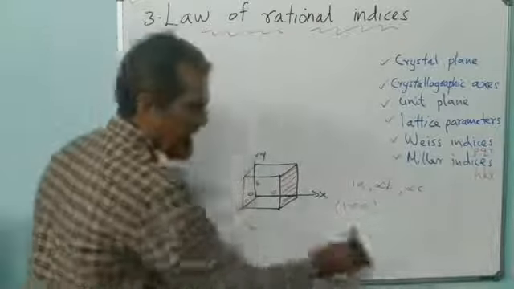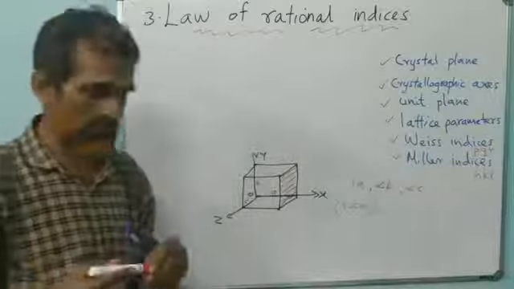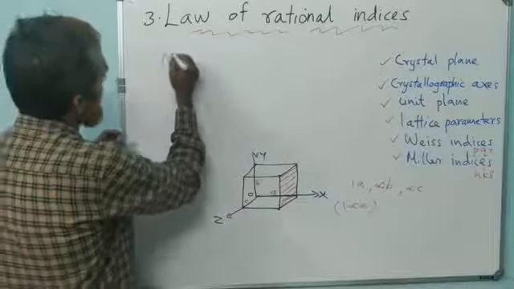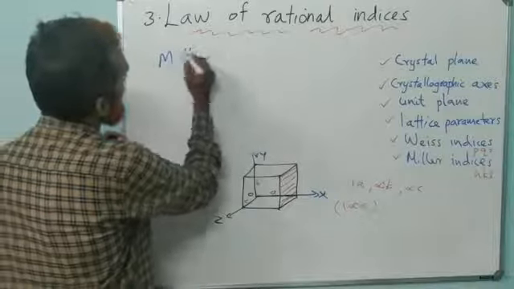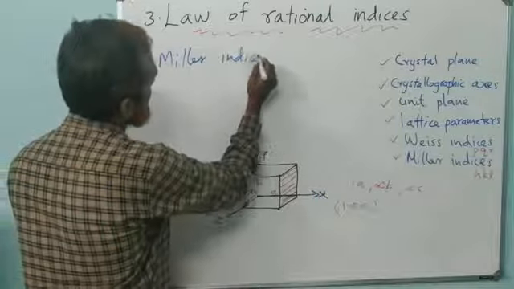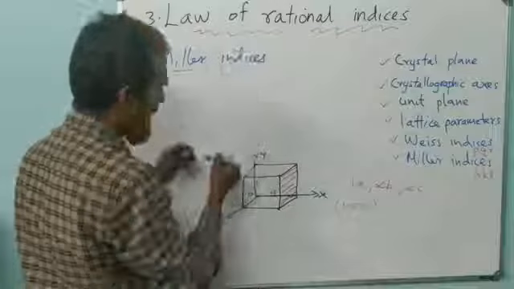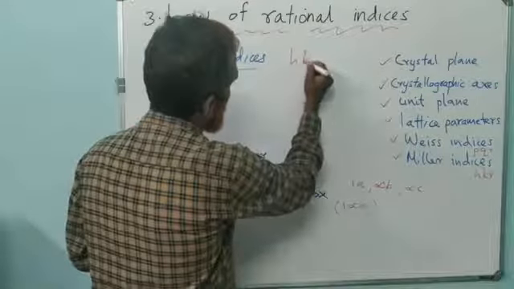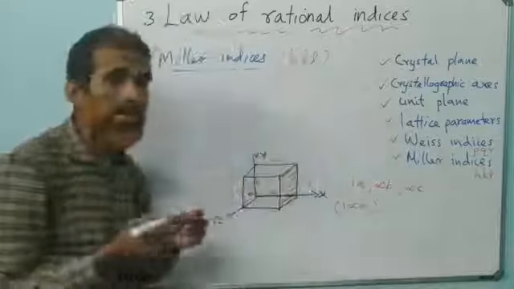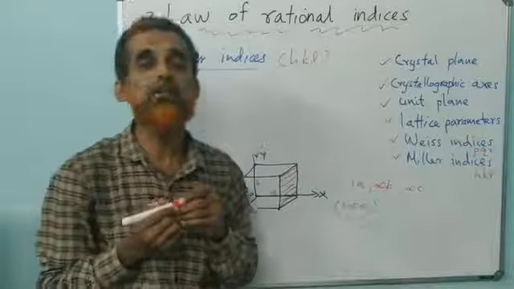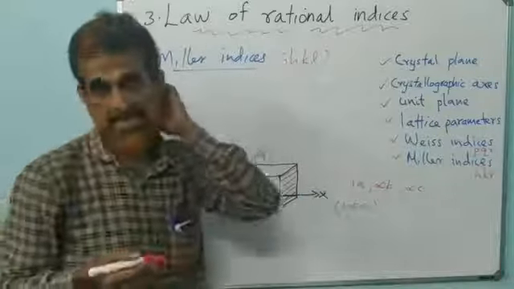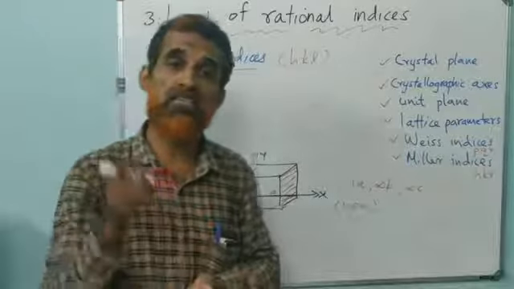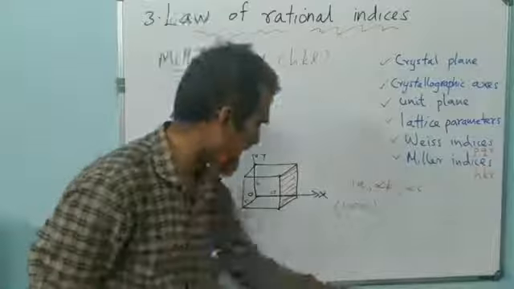It is just the reciprocal of the Weiss indices with fractions cleared. Miller indices of a crystal plane are represented as (hkl) in brackets, where h, k, l are the reciprocals of the Weiss indices with fractions cleared.